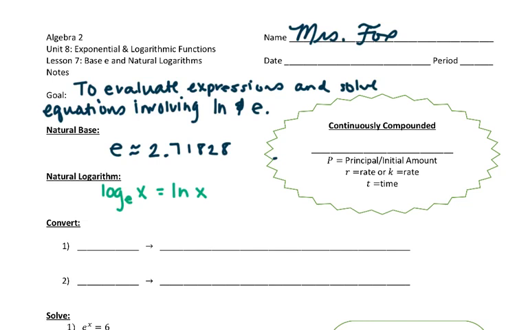People sometimes ask, why is it ln instead of nl? My best guess is that it was developed in a different language, and a lot of you guys that are in foreign languages know that the descriptive word comes after the word. So instead of saying the blue crayon, we say crayon of blue in other languages.